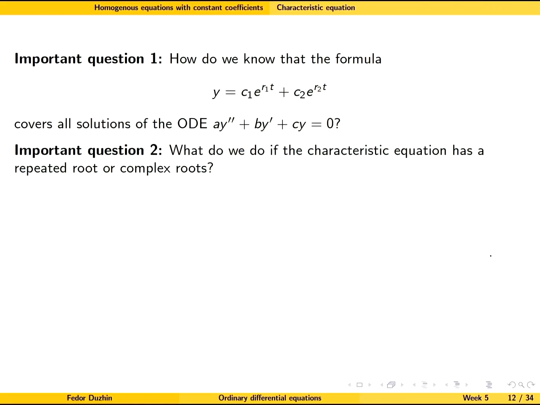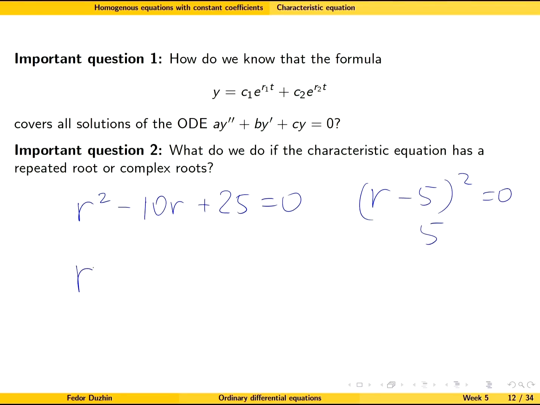So for example, what if the characteristic equation is r squared minus 10r plus 25 is 0? The left hand side is a complete square, so this is r minus 5 squared is 0. So 5 is a double root.